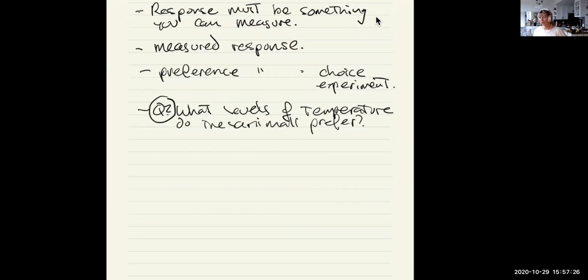So let's look at our hypotheses. We've asked the question. The next step is always to form hypotheses. It's very important.